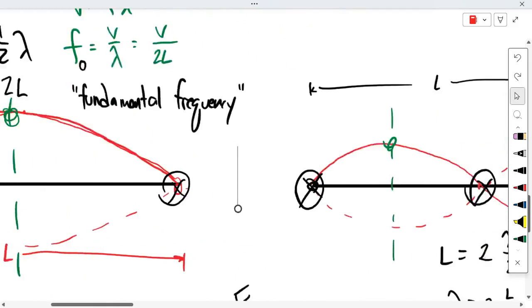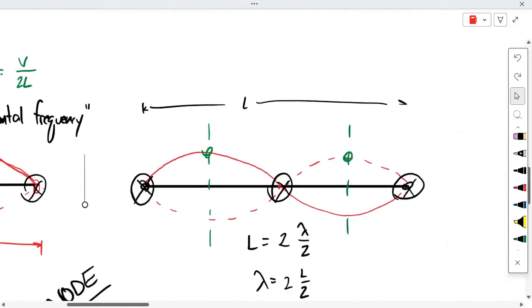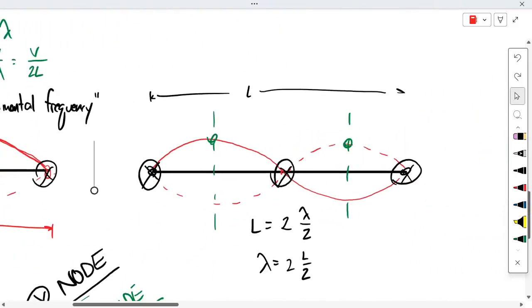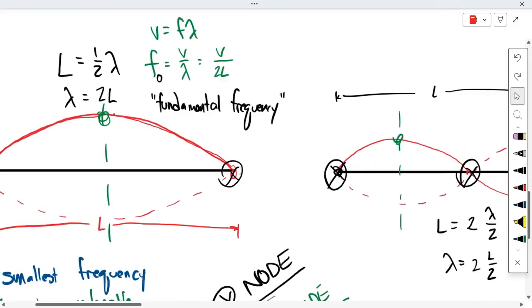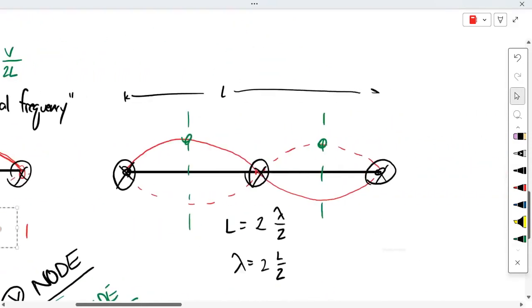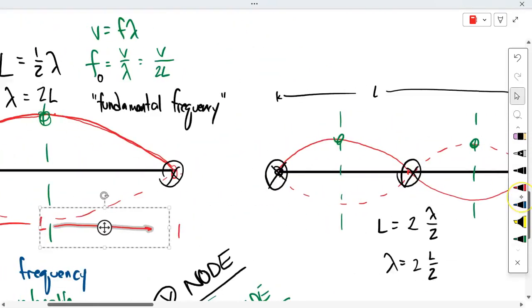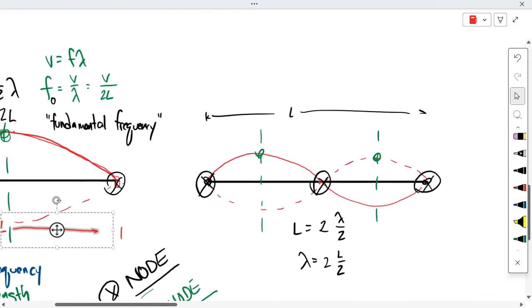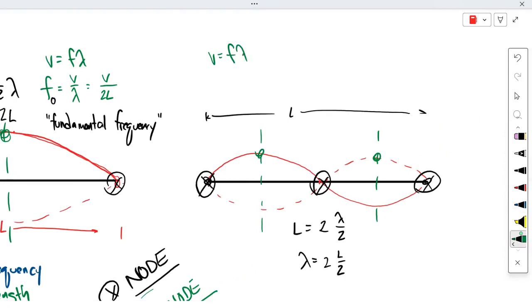All right, now here, we have a different wavelength. Here, the wavelength was twice as long as this string. Here, the wavelength is, quote unquote, simply the length of the string. So there's a frequency. If we say again V is F lambda, there's a frequency for this one that's V over this lambda.